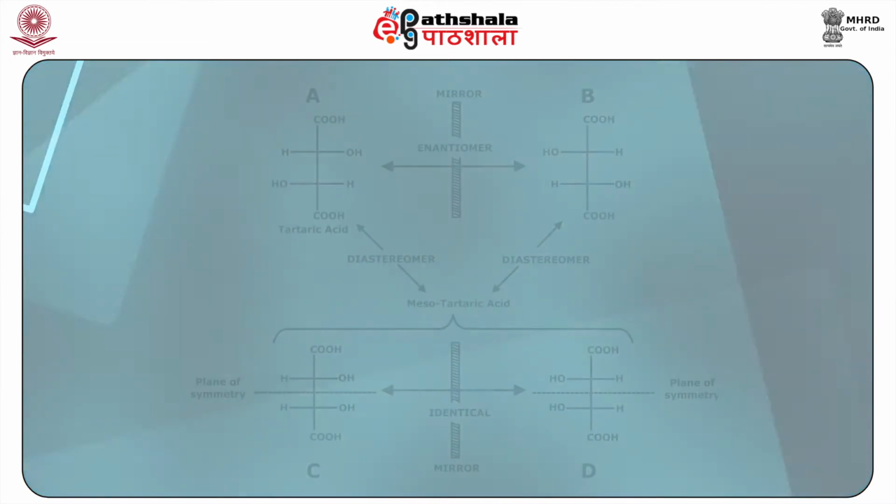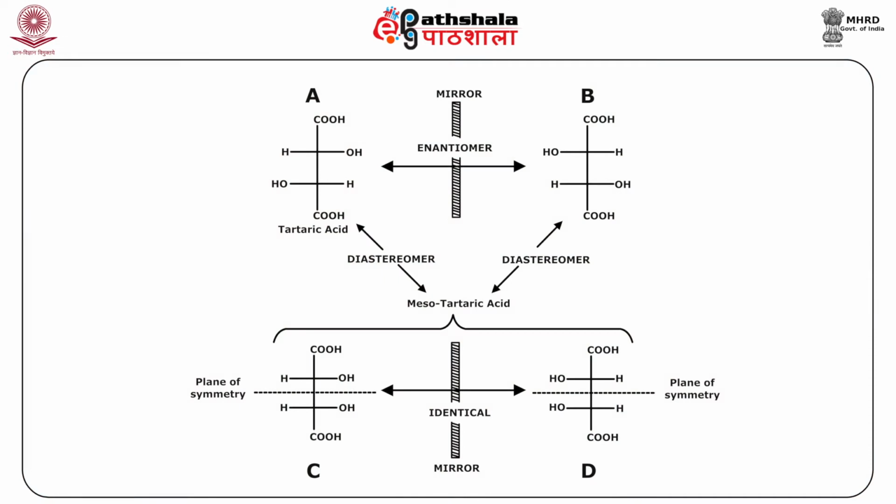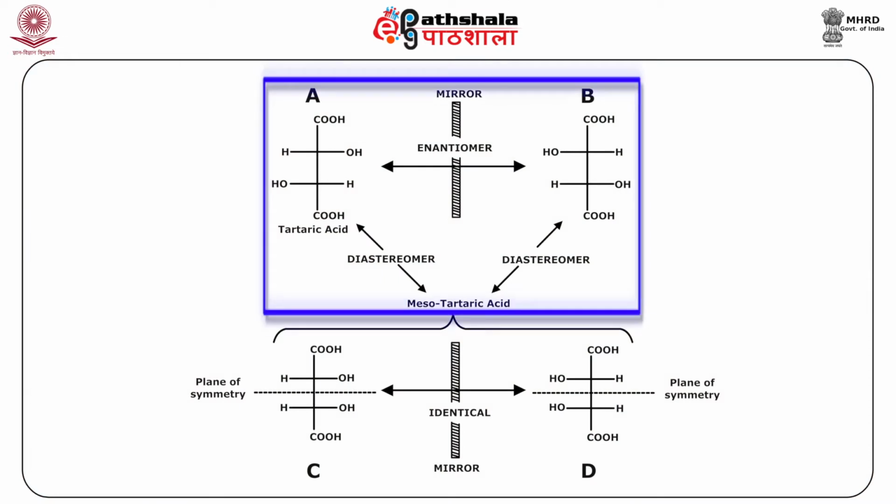To understand this concept more clearly, students, let us take a famous example of tartaric acid. Here, you can see in the figure that A and B molecules are non-superimposable mirror images of tartaric acid and therefore they are enantiomers.